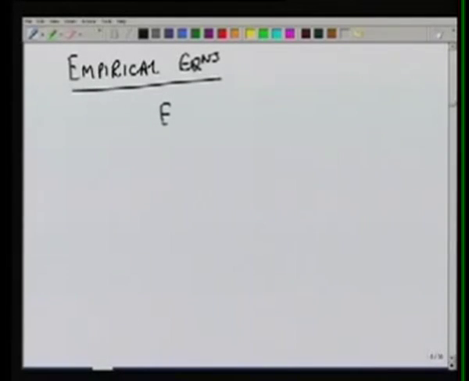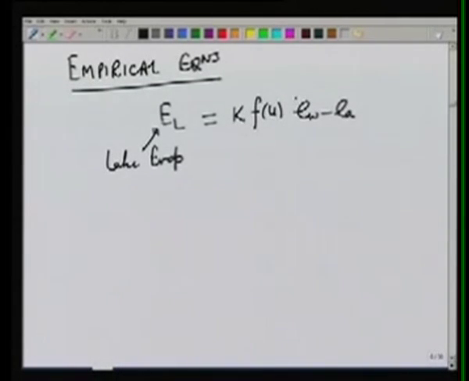So we write EL, which is the lake evaporation, equals some constant K, times some function of wind velocity, because we know that the wind velocity is an important parameter governing the evaporation, and delta E, which we can write as EW minus EA.